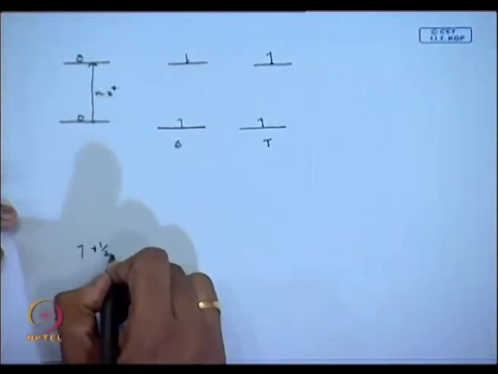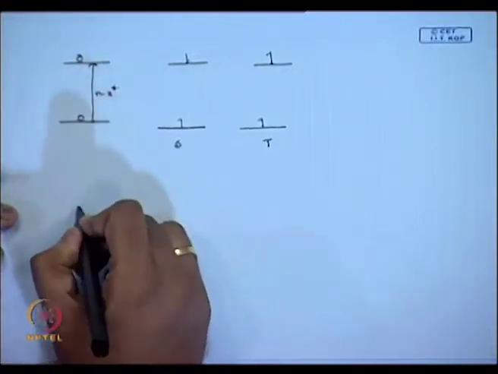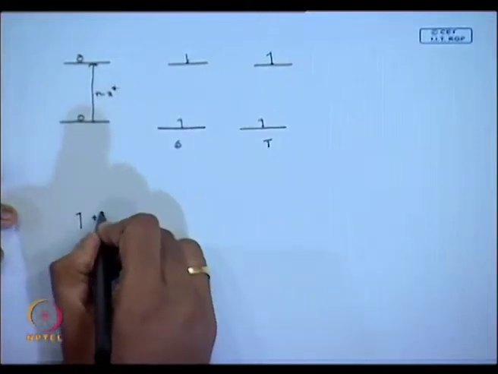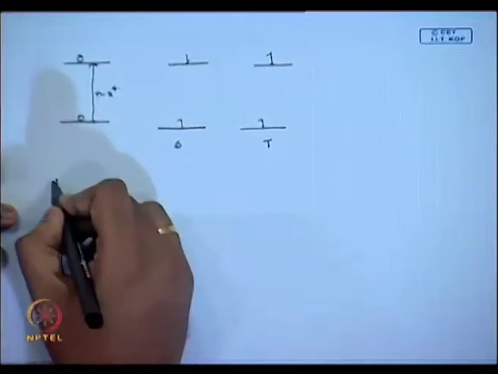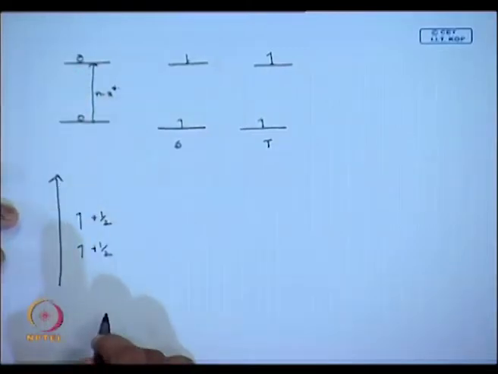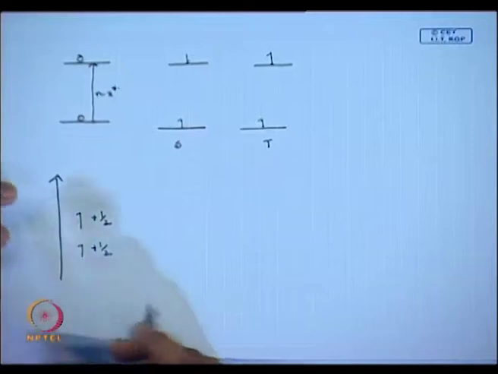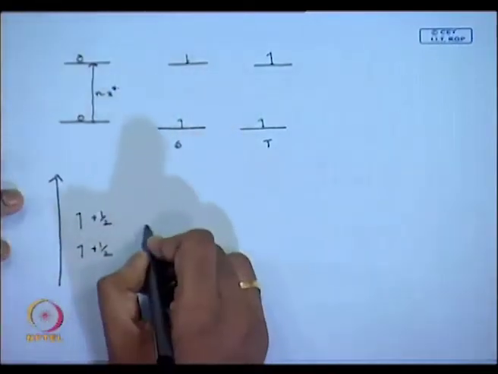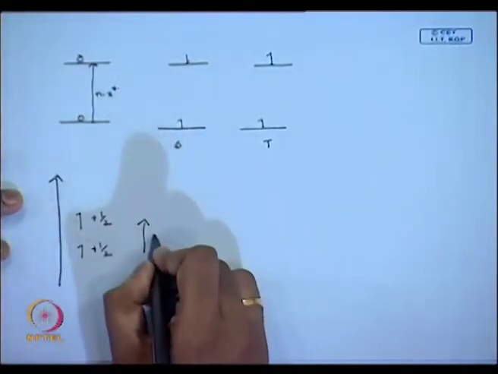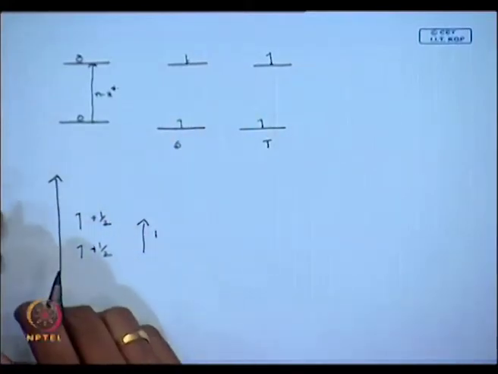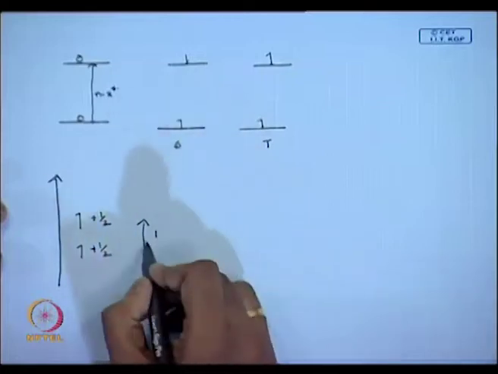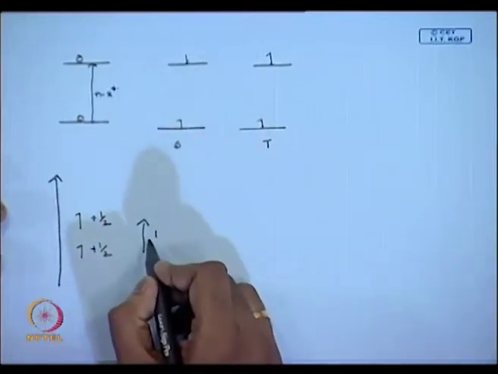For one spin we can write plus half, and for another spin I am writing plus half. So, in the presence of a magnetic field, what happens? These 2 spins can combine to give you a new spin which can be 1, right. Now, this spin can align 3 ways with the magnetic field.